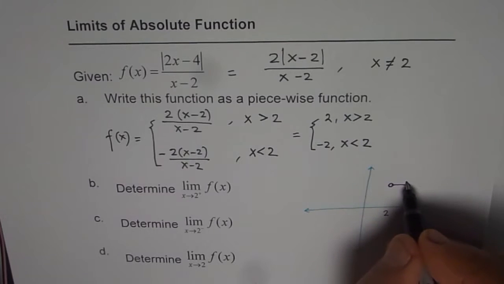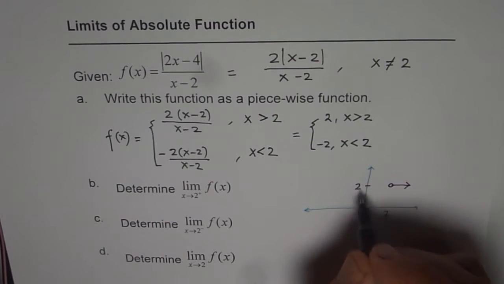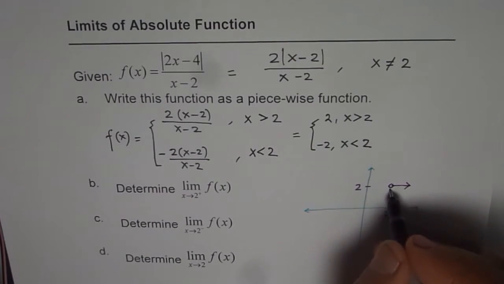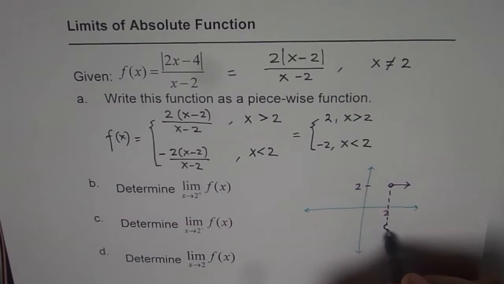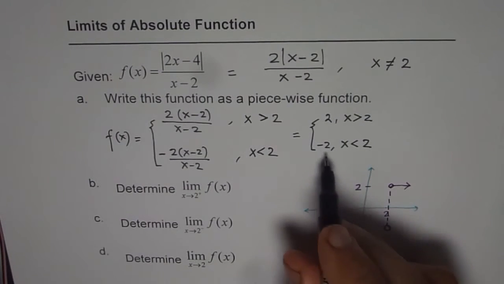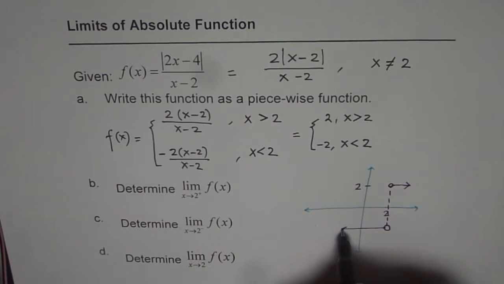It's like this. Do you understand? Where this value is 2 for us. However, on the left side, that means when x is less than 2, in that case it is minus 2. It is like this. Is it okay? A constant value of minus 2.